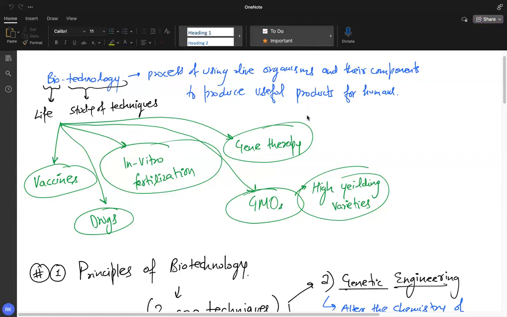So that also comes under the domain of biotechnology. Genetically modified organisms, whether they are plants or animals or microorganisms, through which, for example, we have made high yielding varieties of crops, right? All these are under the domain of biotechnology. Is that clear?